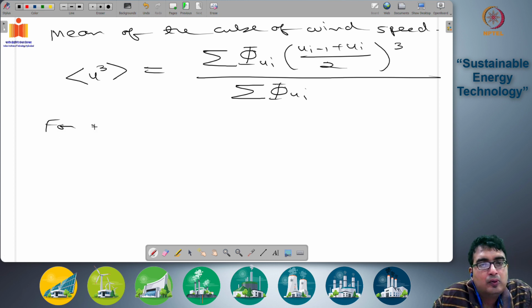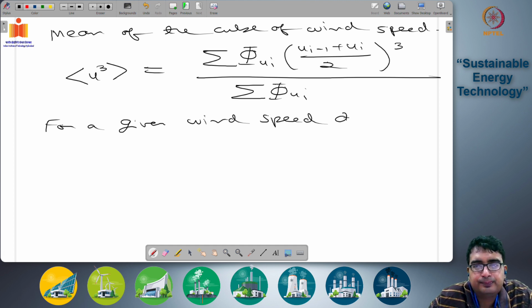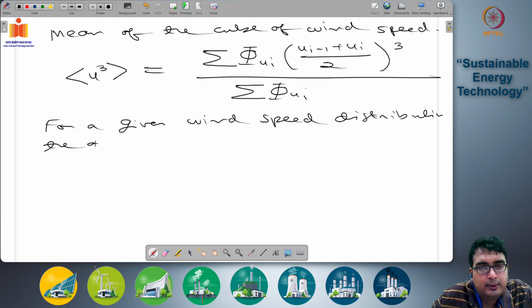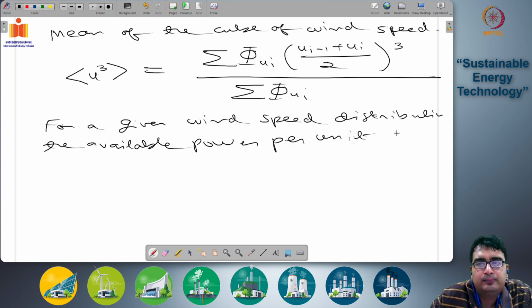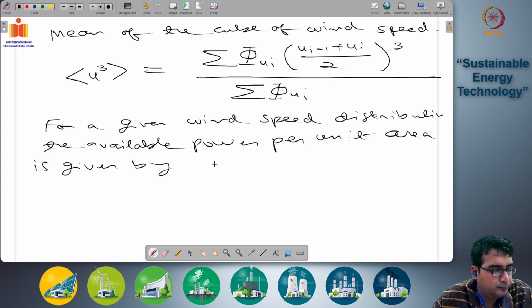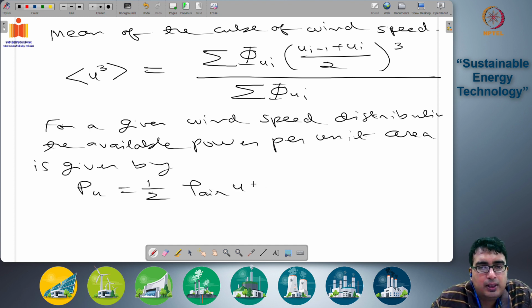So for a given wind speed distribution, the available power per unit area is given by Pu equals half rho air into U cube.